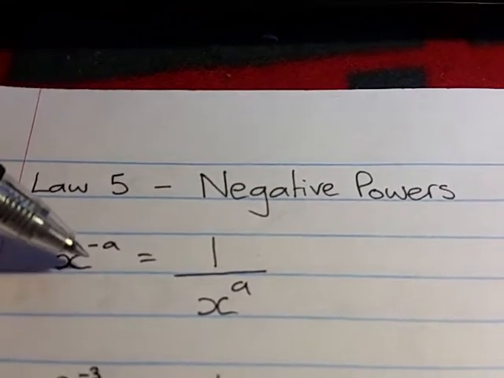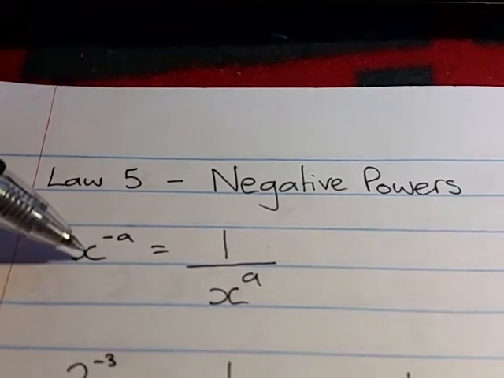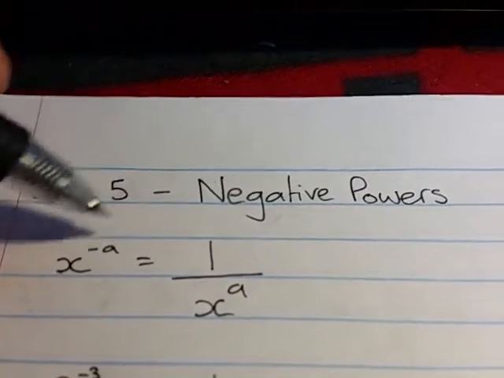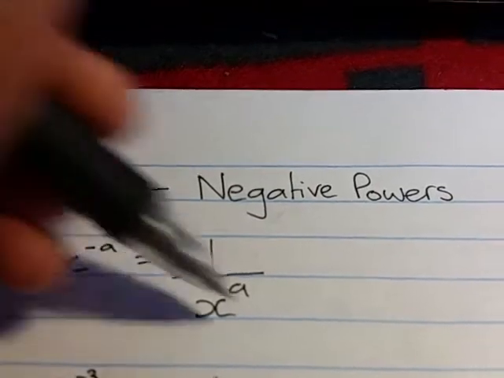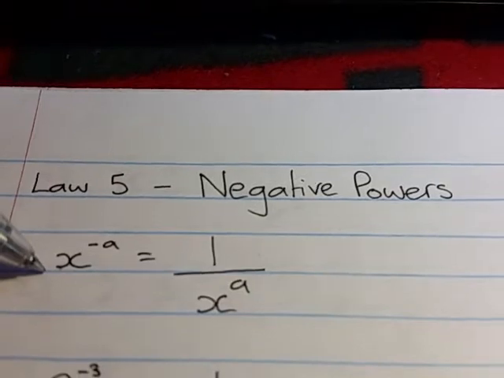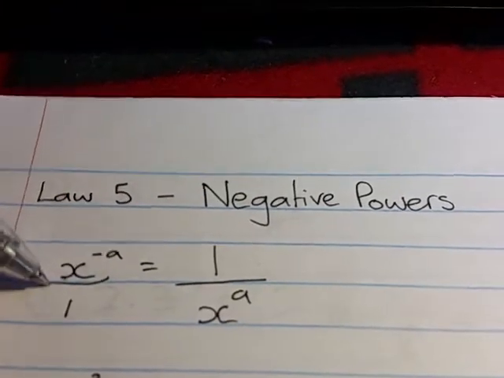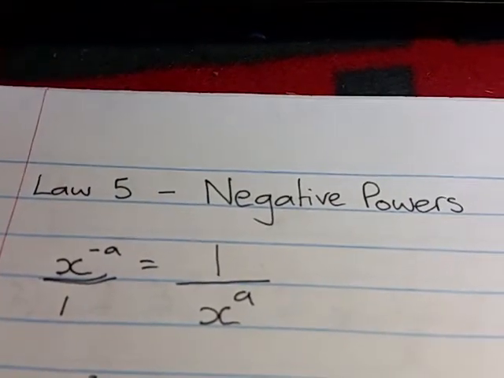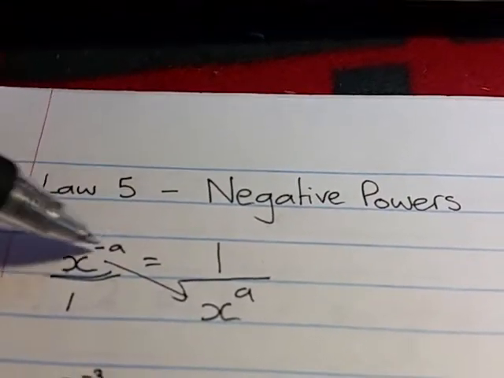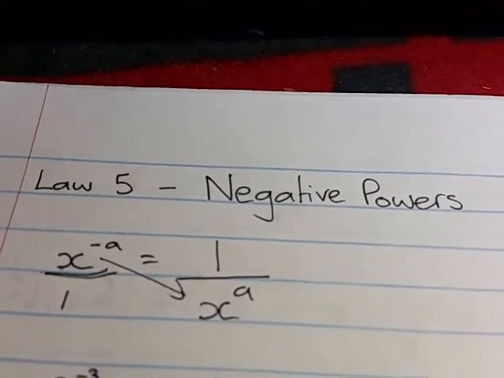But in short, that x drops down and becomes a denominator, and that negative a becomes a positive a. So think of it as x to the negative a over 1. It effectively switches places and the negative becomes a positive.